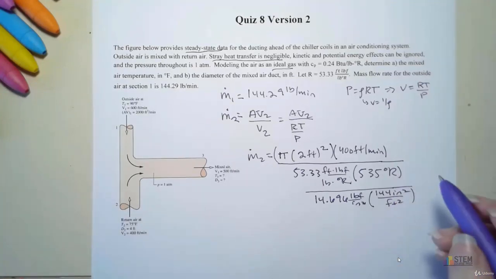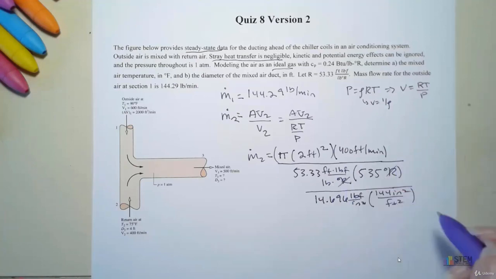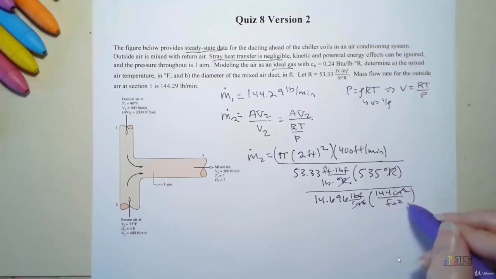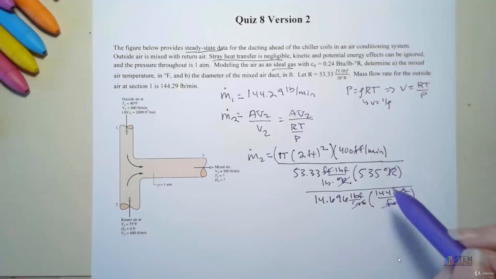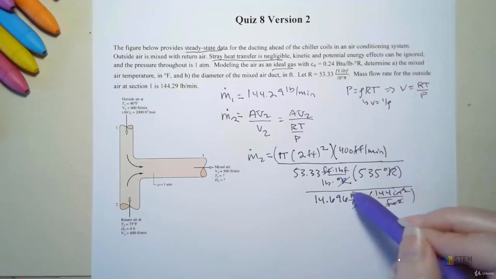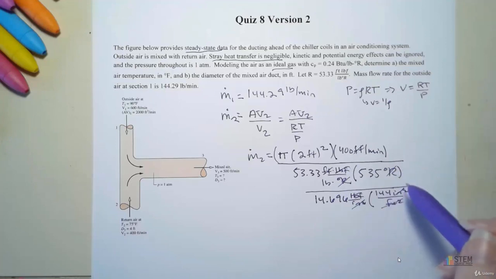And now, finally, all of the units work out. Degrees Rankine will cancel, inches squared cancels, feet squared cancel. Everything's going to end up canceling out. What you're going to be left with will be the mass flow rate units, which will be pounds per minute.